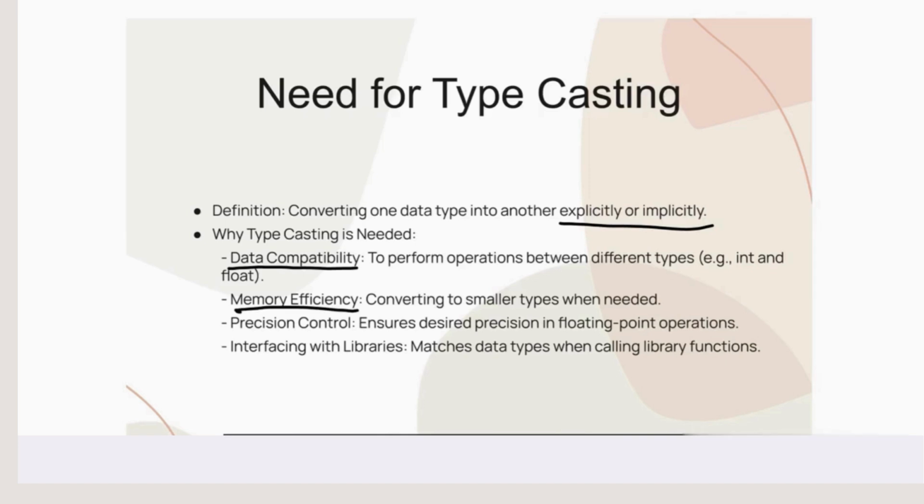Memory efficiency, where I might need to convert to smaller types if needed. Precision control, I do not want to have any data loss even in the fractional parts, so I need the entire result from the expression. And interface with libraries, where it will match the data types whenever the library functions are getting called. So let us see how typecasting can be achieved in C.